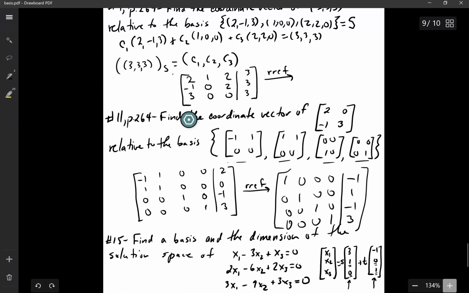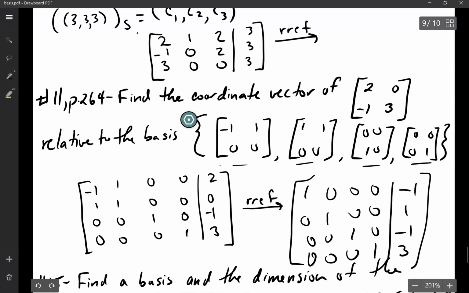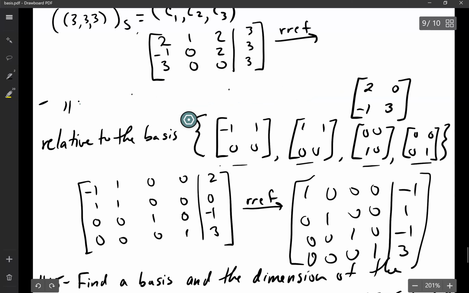So if I go back up here, let me erase this stuff out of the way just so that we can see some stuff a little bit better.